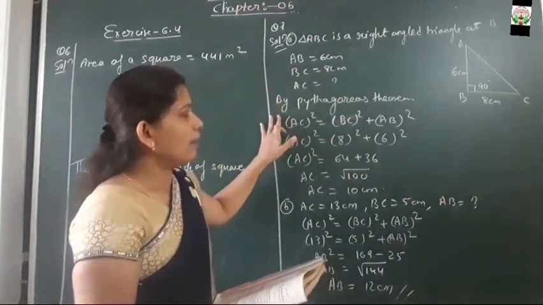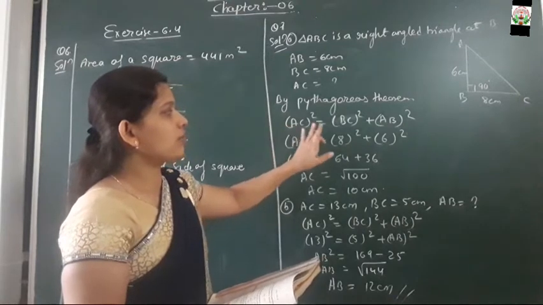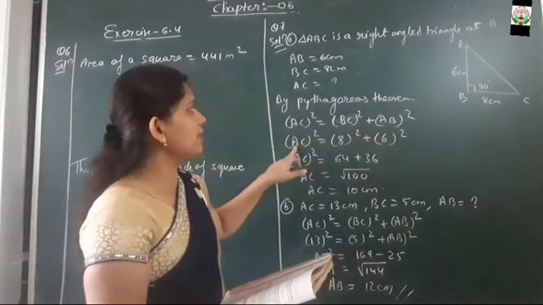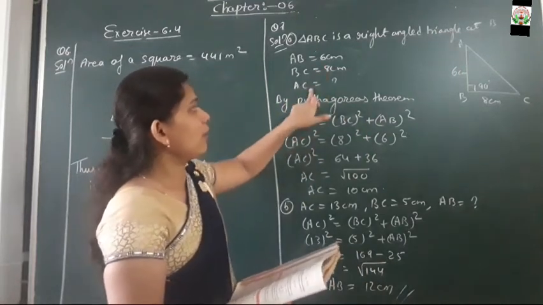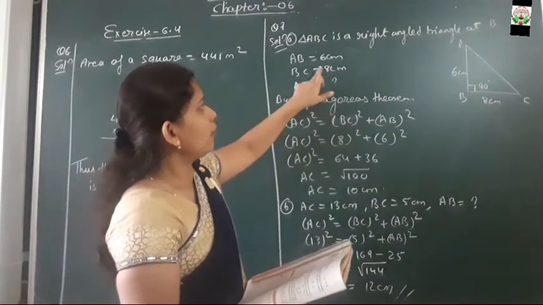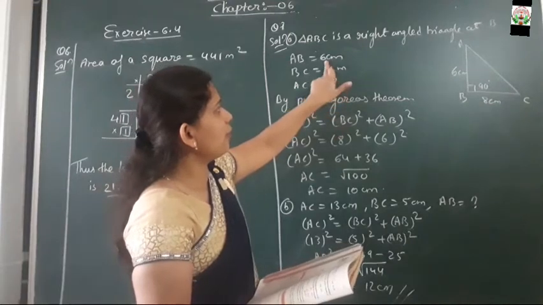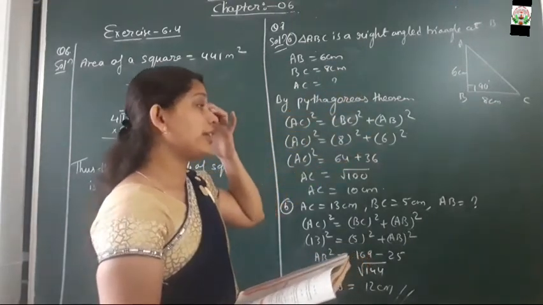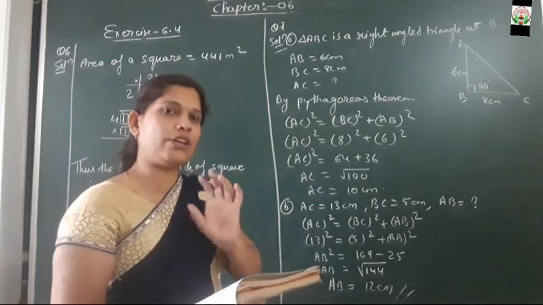Then applying the Pythagoras theorem, AC squared equals BC squared plus AB squared, where the value of AC we have to find out, the value of BC is 8 cm, and the value of AB is 6 cm. While putting in the formula, it will be squared.